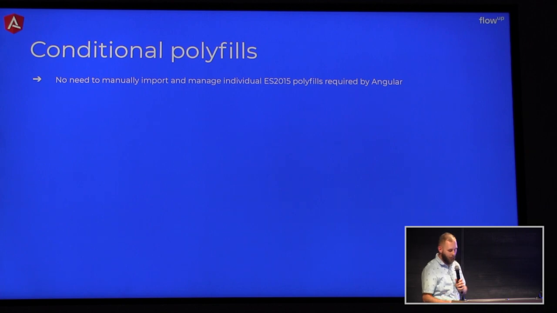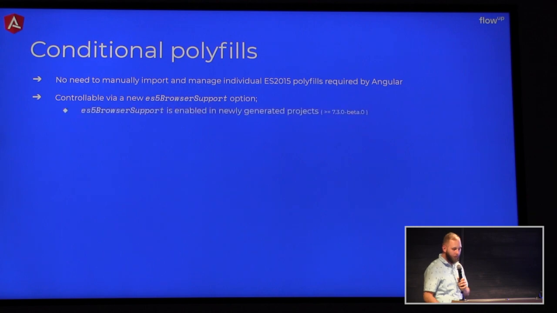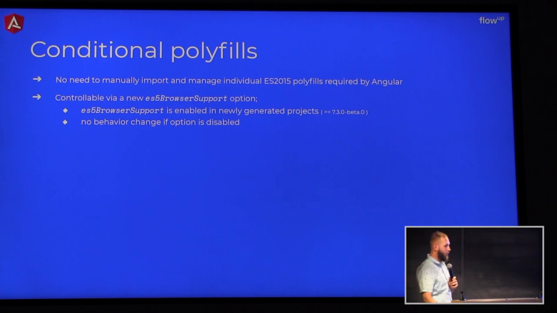You just manually import and manage the individual polyfills that are not required by Angular, but everything that is required by Angular is managed by Angular, and it is all controllable by this one flag that you just use in the configuration. It's enabled by default from 7.3, and no behavior should change. Everything should be the same if the option is disabled.